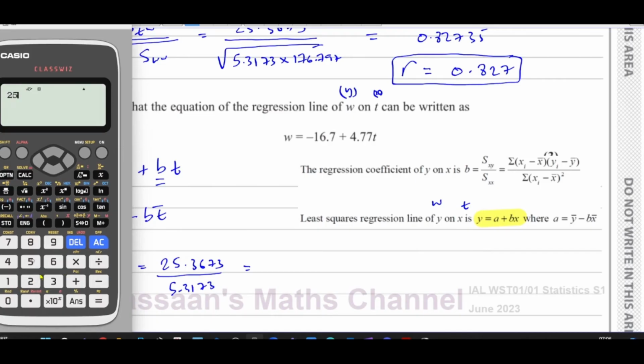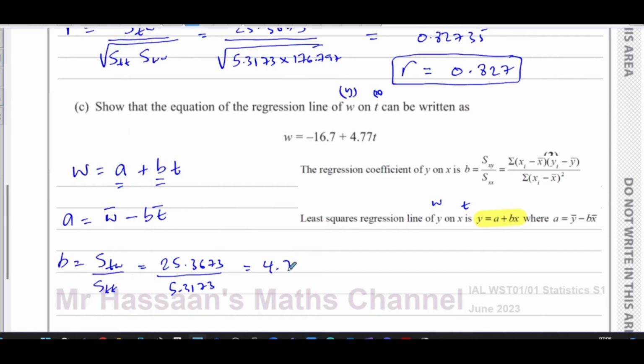So we have 25.3673 over 5.3173. That gives us 4.77. I'll write it like this, 4.77 to 3SF, so we know that it becomes 4.77 to 3SF afterwards. So that's the value of B.